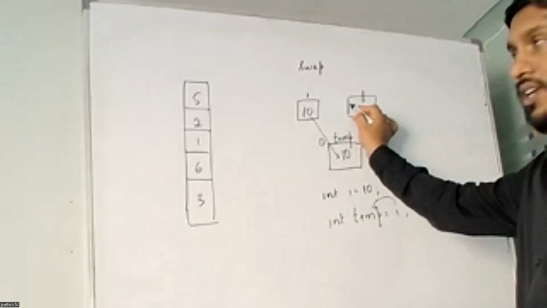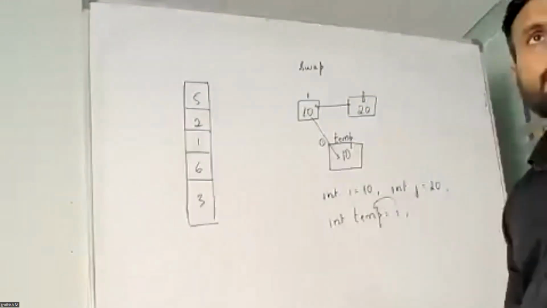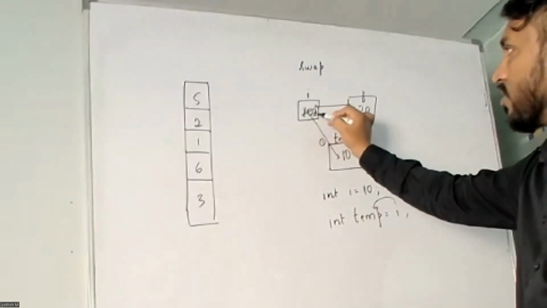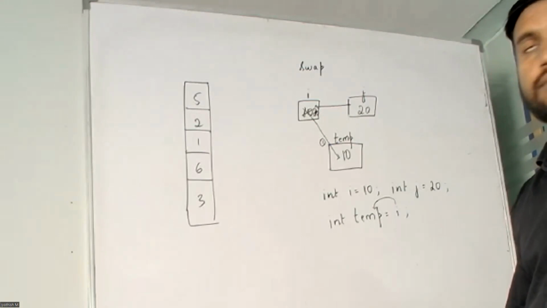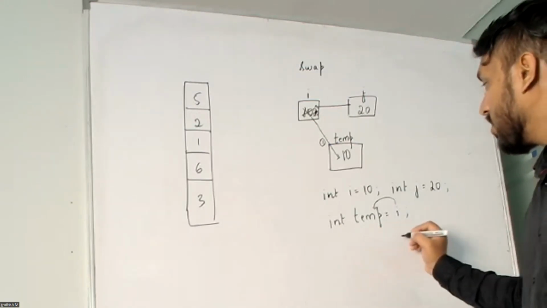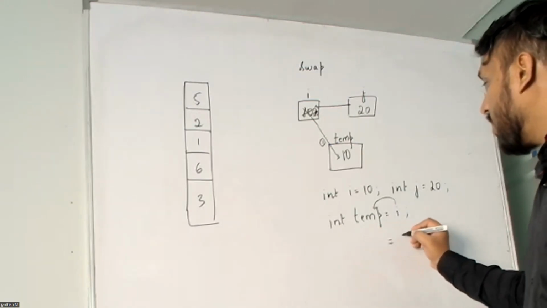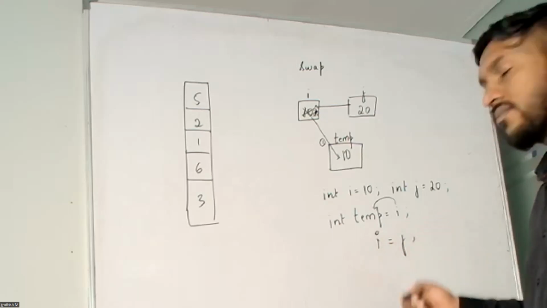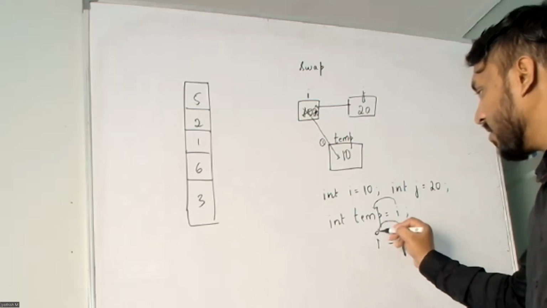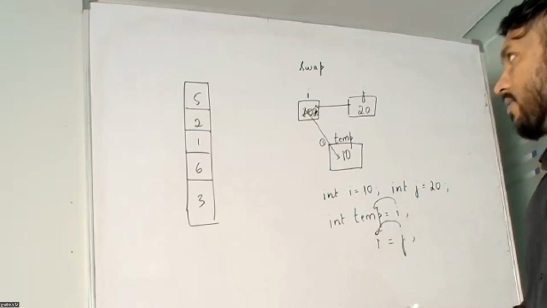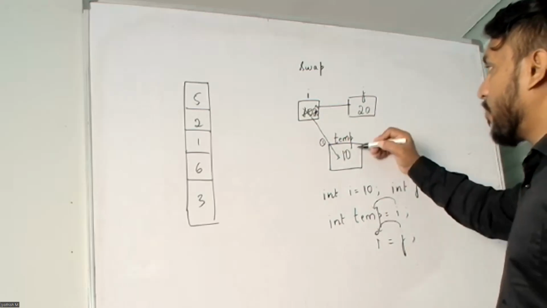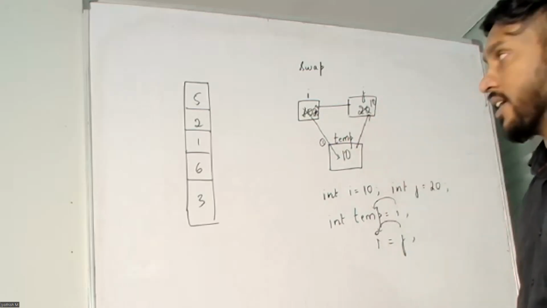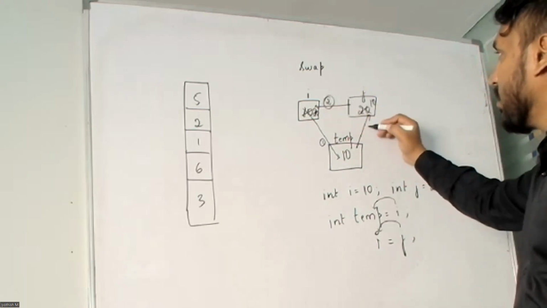Step 2: now copy j value to i, i is equal to j. 10 is gone, 20 is stored here, overridden. Then copy temp value to j. So temp will be stored.